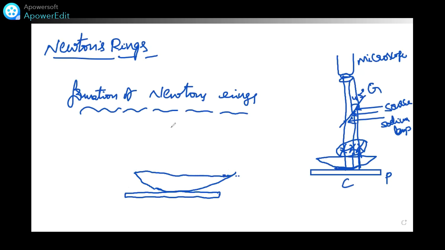Suppose a light is incident on this plano-convex lens. This is A, the direction of the light beam is like this. At point B it deviates and passes into the convex lens.